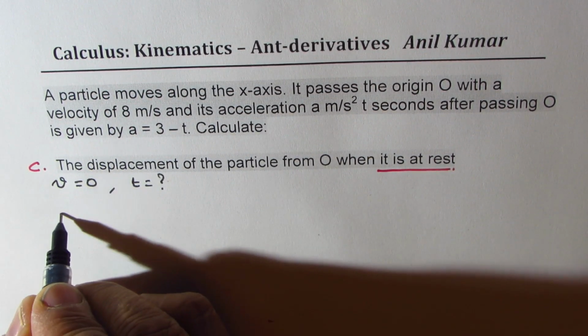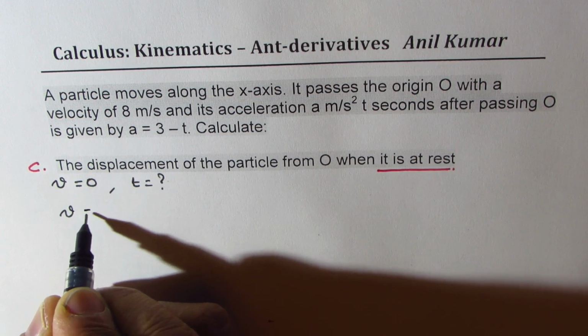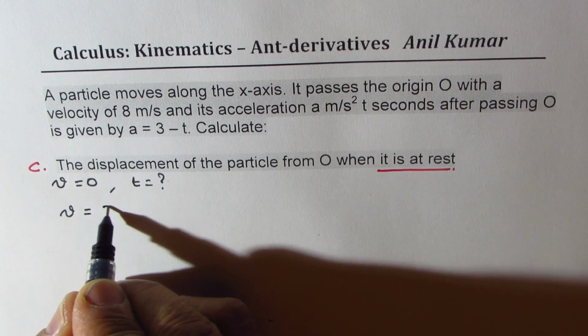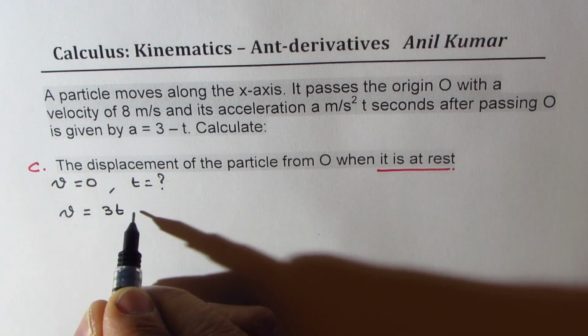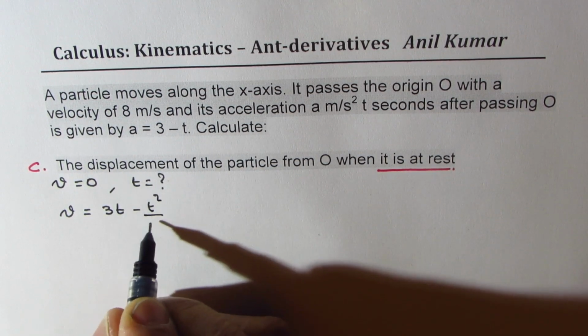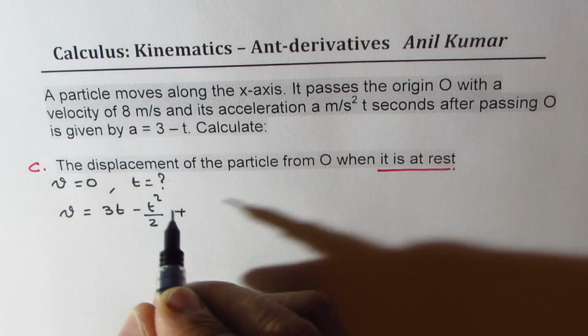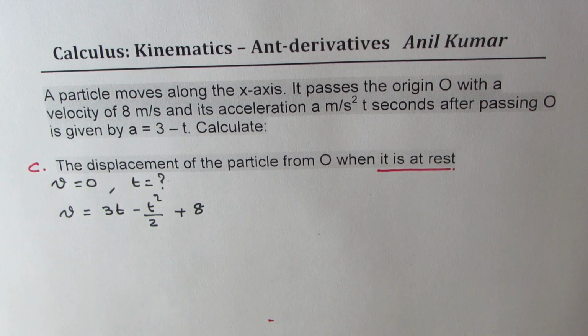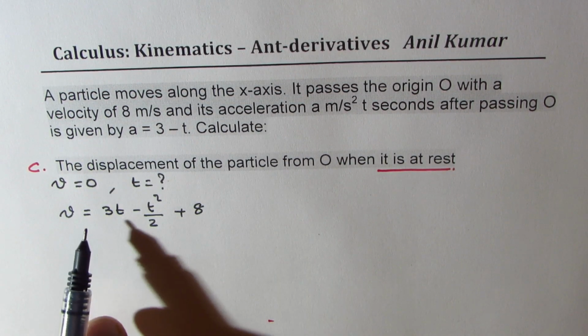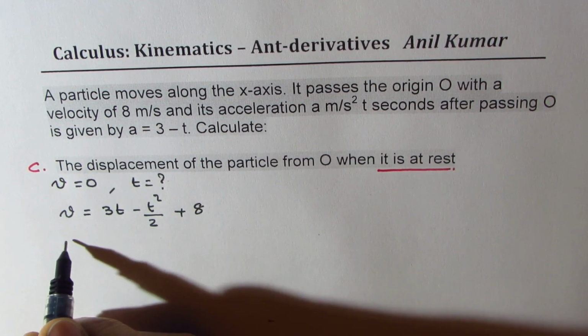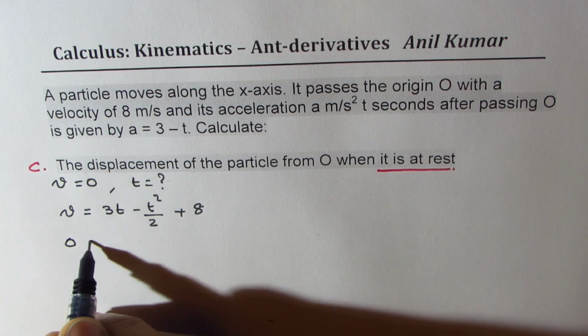Okay, so we already have the expression for velocity. We know velocity is equal to 3t minus t squared over 2 plus 8, which is the original value. Now, to equate this to 0, I will write 0 here and then find what t is.